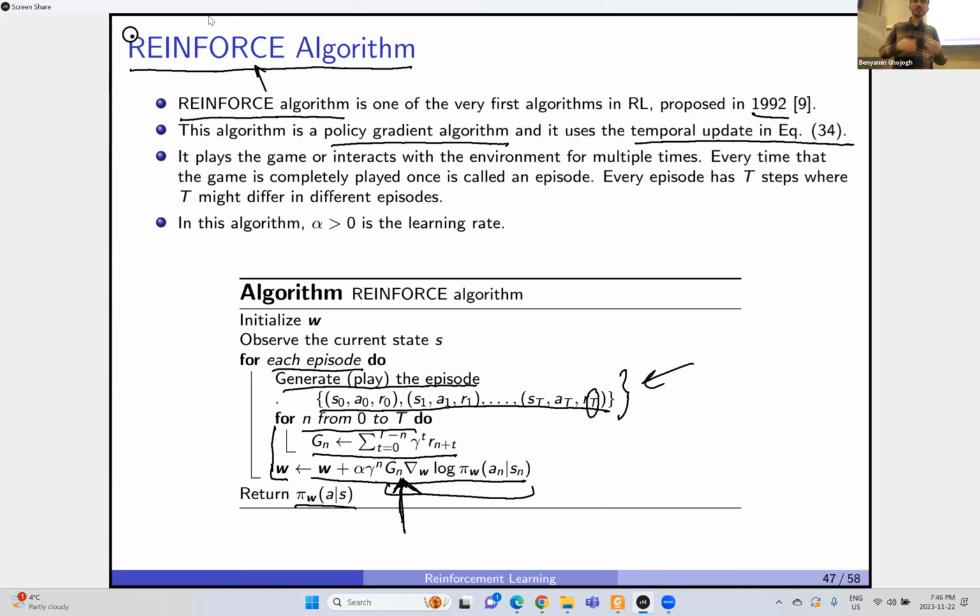What if I played well until the middle and then bad until the end? Still my G_0 will be better than my G_T, because my G_T is in the second half and my G_0 is in the first half, which I played well. But my G_0 in this case is less than my G_0 when I played well in the whole episode, because the second half still has an effect on my G_0.